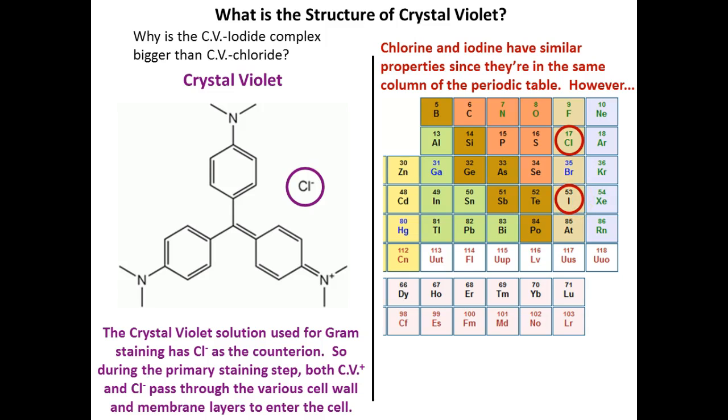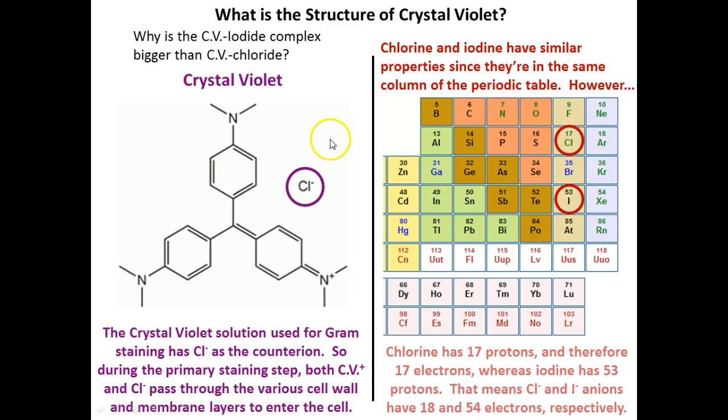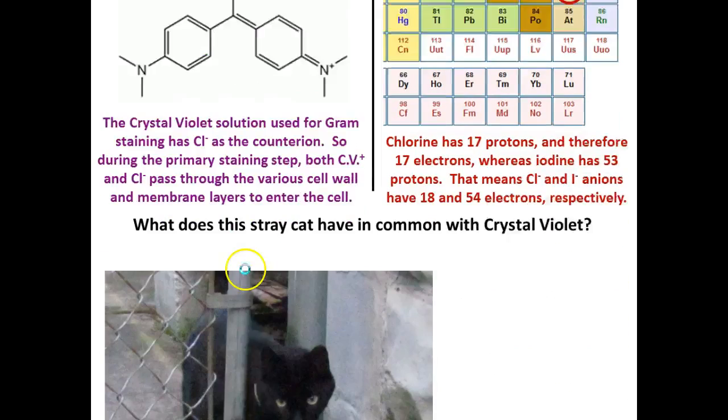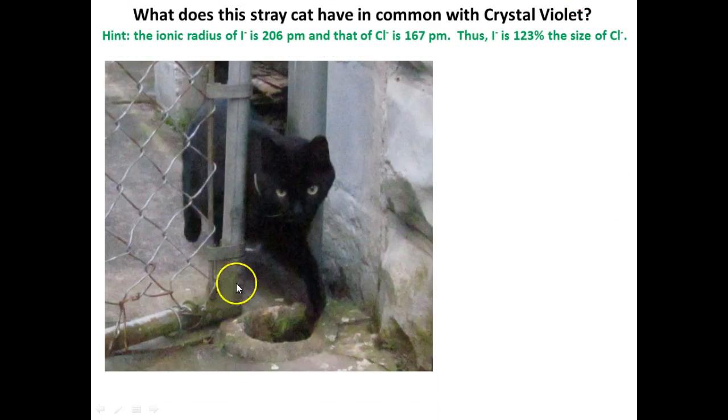It's a bigger molecule. So when we do the switch out with the chlorine and the iodine, and it bonds better to the crystal violet, we get that larger molecule. Size-wise, the iodine ends up being 123% bigger than the chlorine.